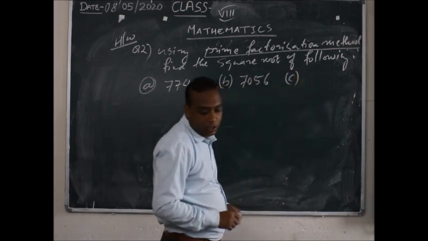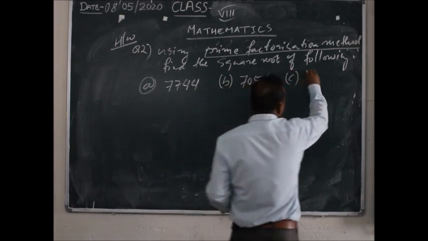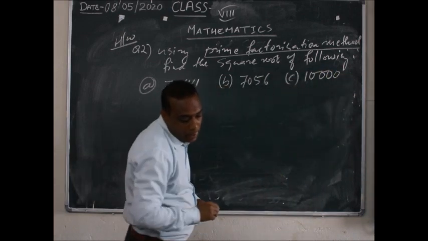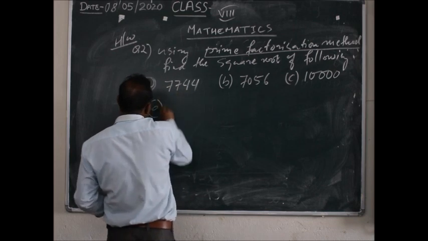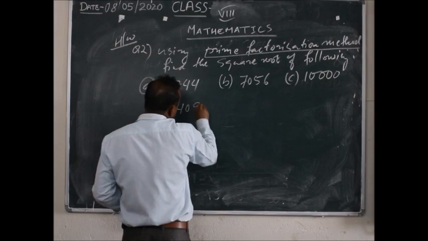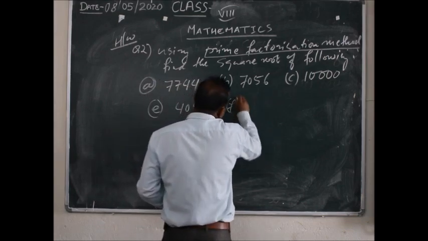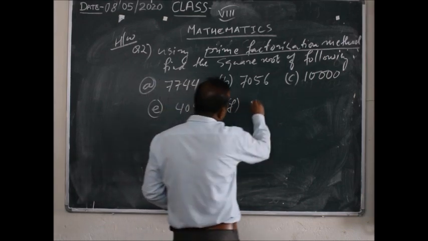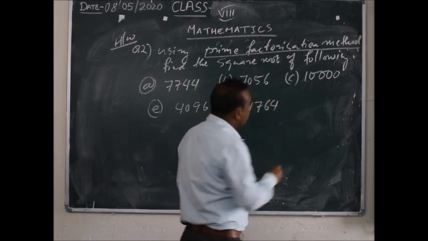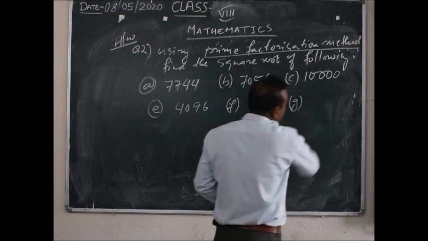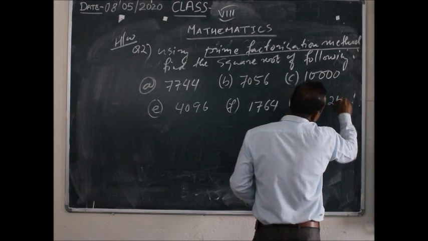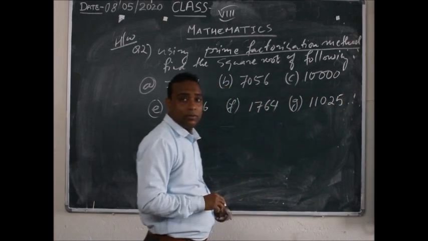Number C, 10,000. Then number E, 4096. Number F, 1764. And number Z, 11025. So these are the questions.